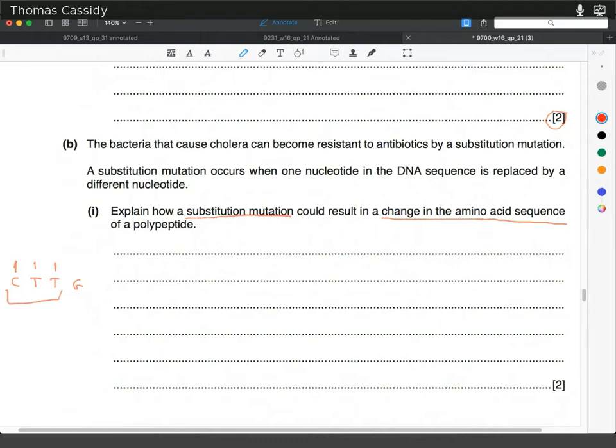So this long sequence, if this bit here is suddenly cut out and replaced by a completely different set, it's meant to be like a G, maybe it's G double T. Then when you put this long list of amino acids together, it's going to be different, and your chain, because it's now made up of a slightly different sequence of amino acids, might fold into a different shape later on, which means it doesn't perform the job it's supposed to do as a protein later on.